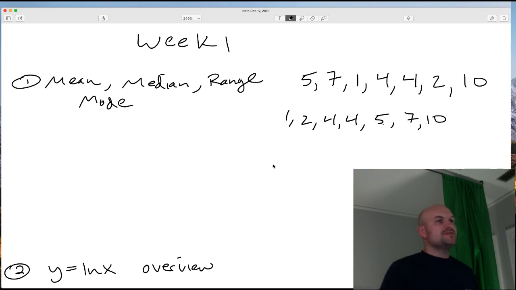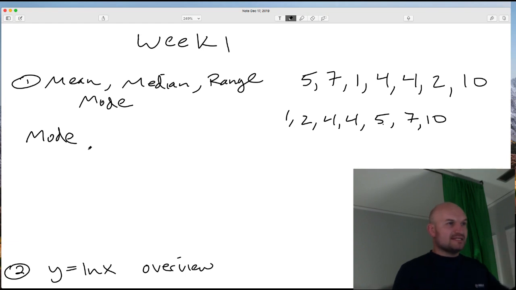You can see here that we have 7 numbers, and the only number that repeats itself is 4. So 4 is going to be the mode, and the mode is the number that repeats most often.